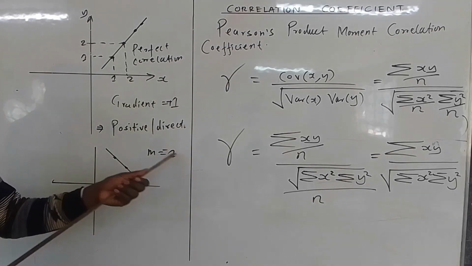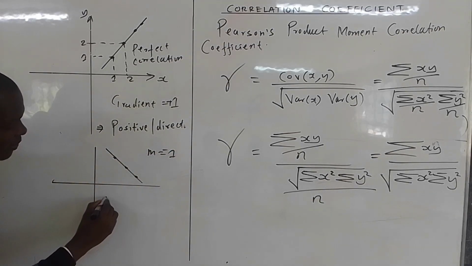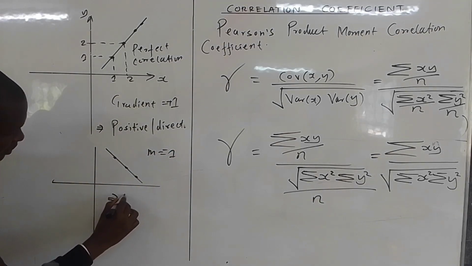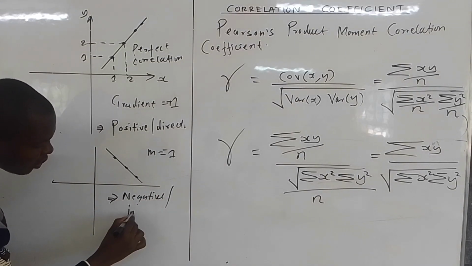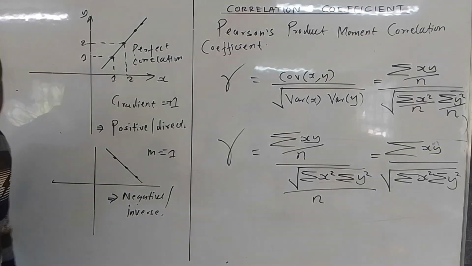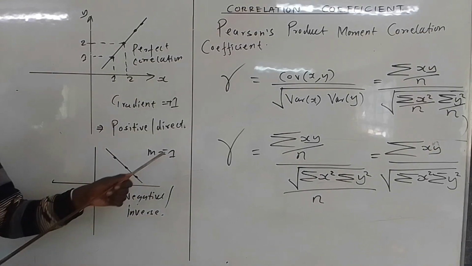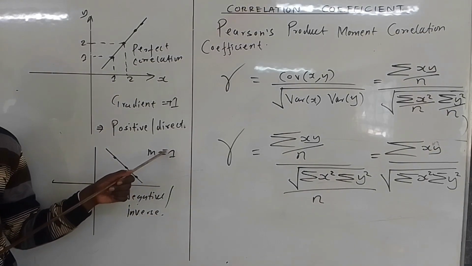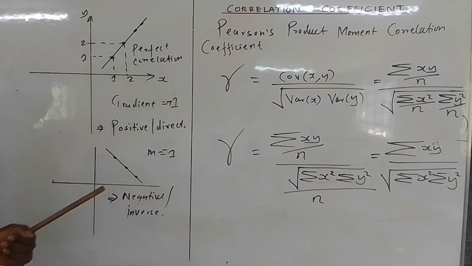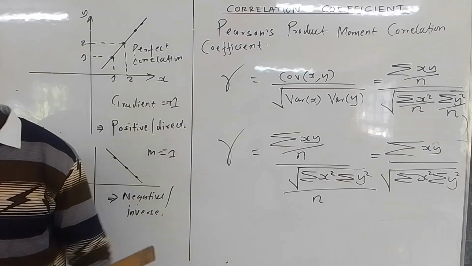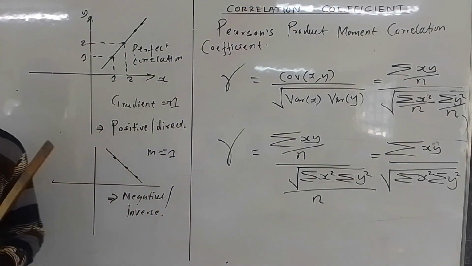So when the gradient is 1 and it is negative, negative gradient implies what? It implies negative or inverse. So the moment the gradient is 1, that is perfect. Negative means inverse. So you say there is a perfect inverse relationship between x and y.